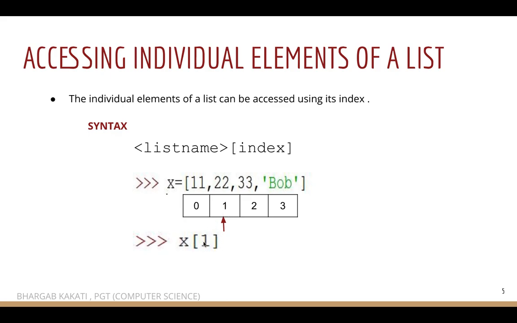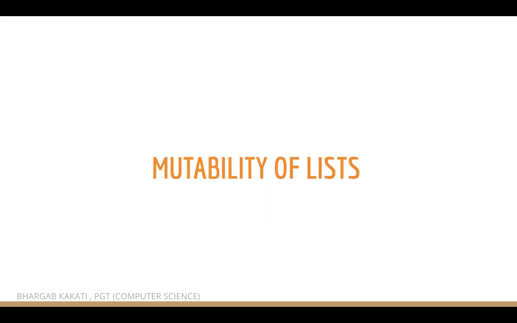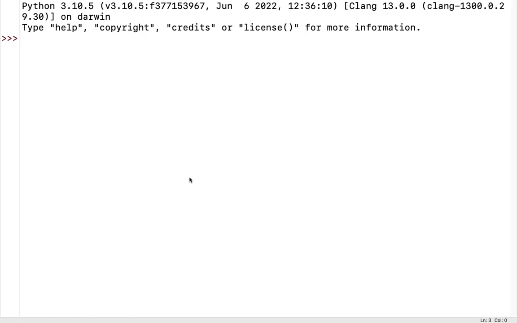So X[1] will give me the result as 22. Alright. If I want to access the element Bob, how do I do it? X[3] simply. So before moving on to the next topic, I would like to show these concepts practically.